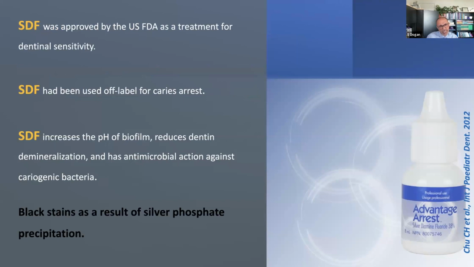SDF is not an exciting biomimetic material, but it was approved recently by the FDA, again, for dental sensitivity. But it's used off-label for caries arrest. It's commonly used in lots of practices now.